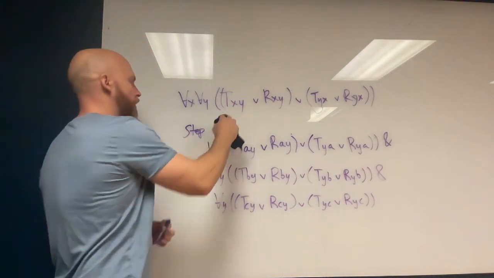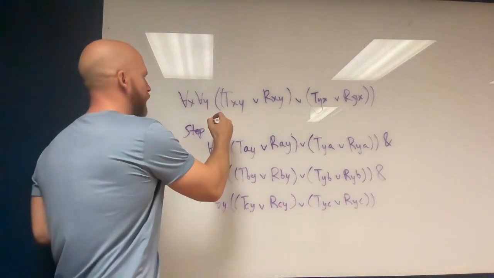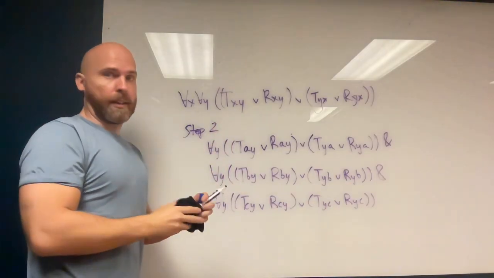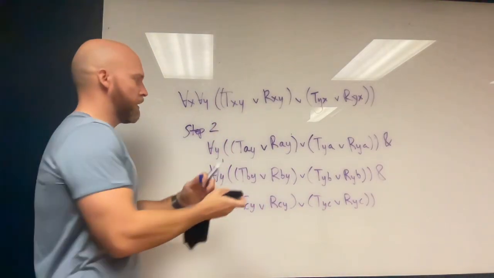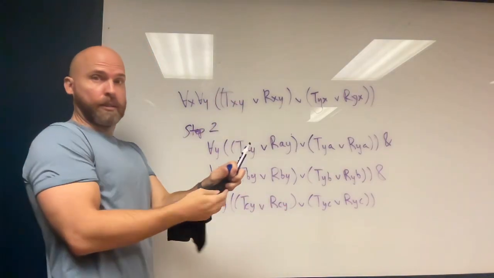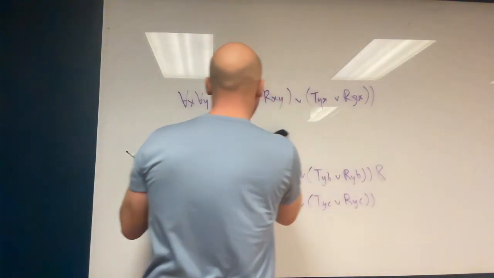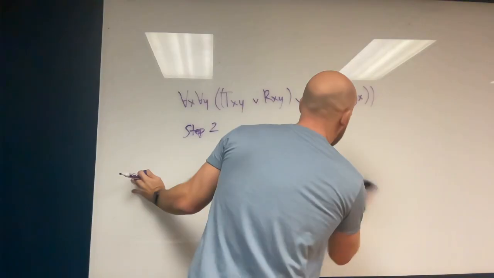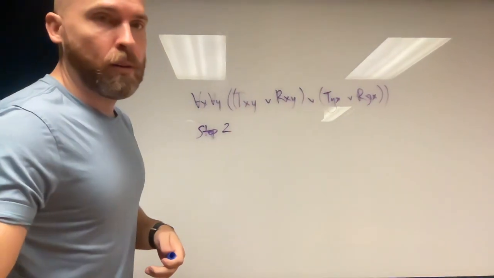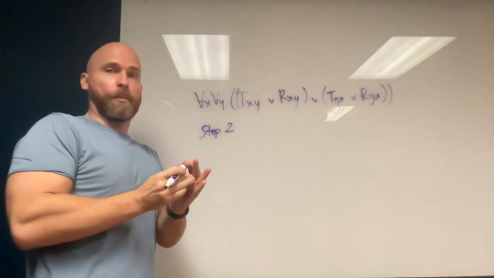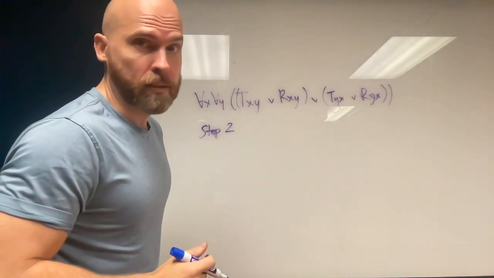I'm going to drop this off, call this step 2, and I'm going to just kind of wipe this away and start over, because I need to expand within the scope of this quantifier. So I'll need to kind of give myself a little room. This thing's going to be long. Hopefully you guys don't mind watching me write, because it's going to take a minute.